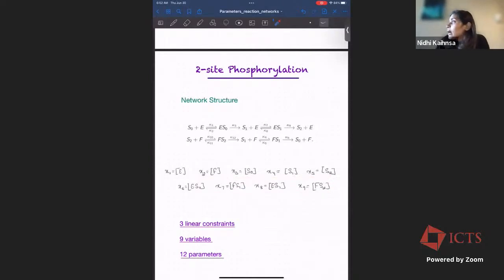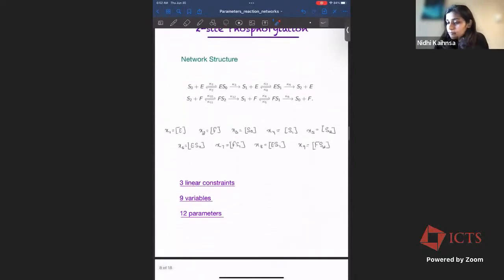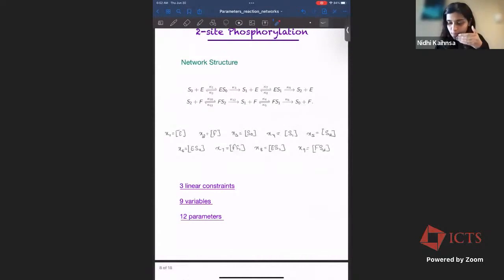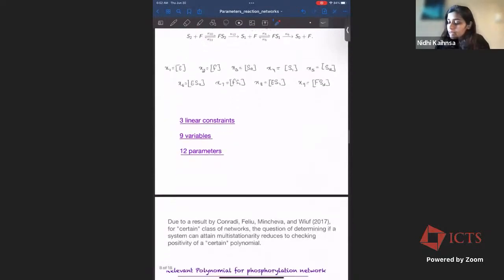Now, to actually discuss multistationarity, there is an existing result, and that's in fact our point of departure. That result is due to Conradi, Feliu, Mincheva, and Wiuf. For a certain class of networks, with some technical conditions, the question of whether a network can attain multistationarity reduces to checking the positivity of some polynomial.